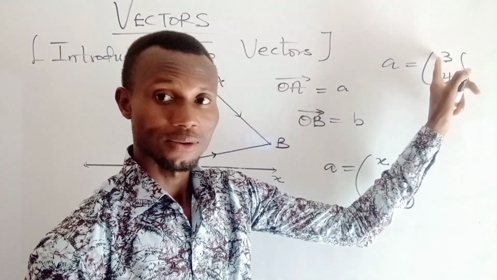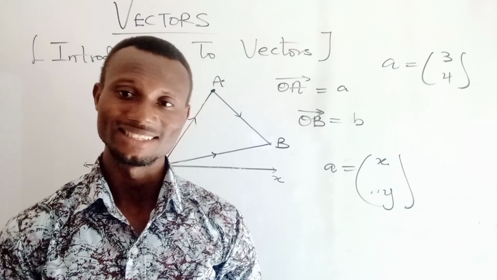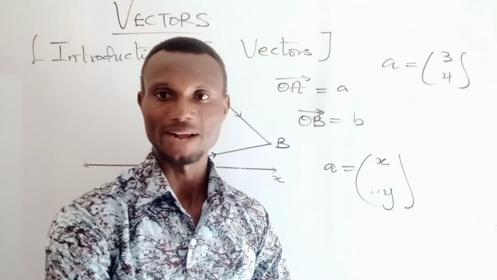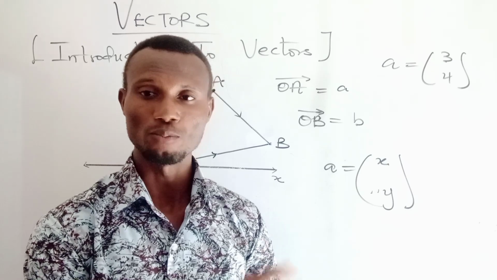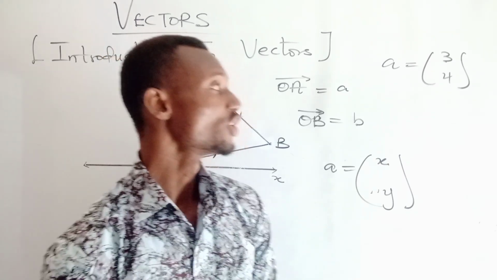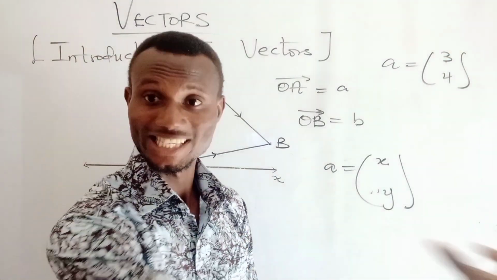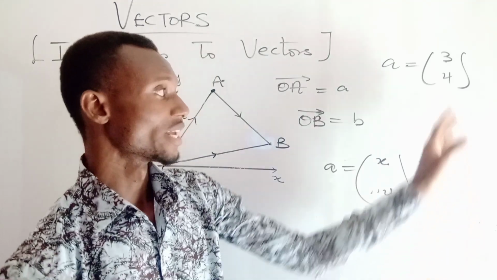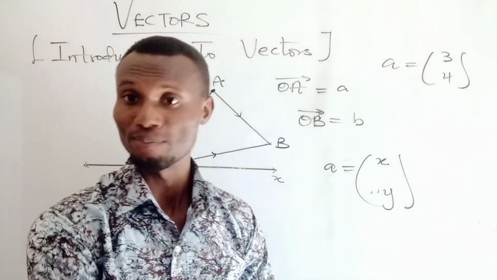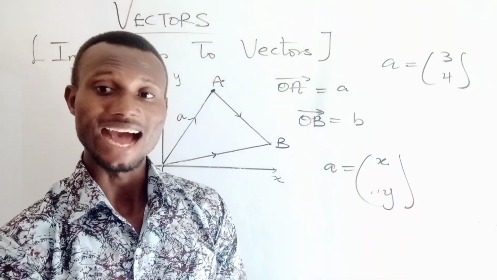The 3 here, the one at the top, is a measurement along the x-axis, and the 4 here is a measurement along the y-axis. I hope you agree up to this point. It's very simple. All that I'm saying is that the number at the top refers to the x part, and the number at the bottom refers to the y part, because in the Cartesian plane, we have the y-axis and we have the x-axis.